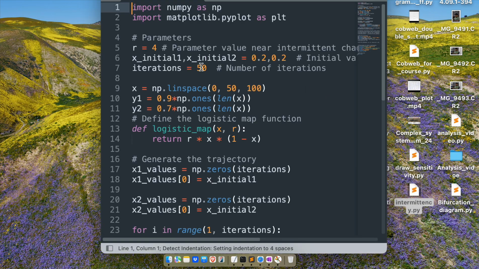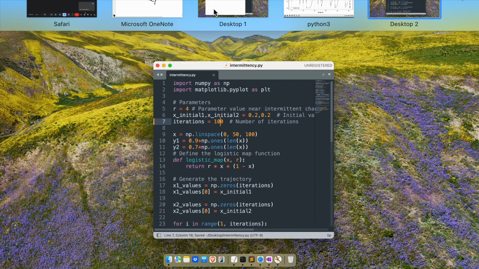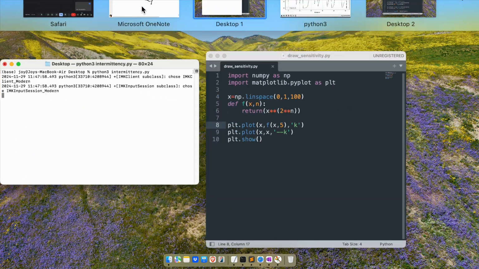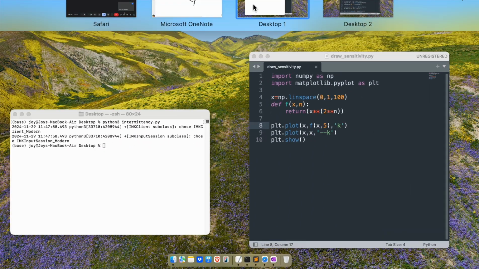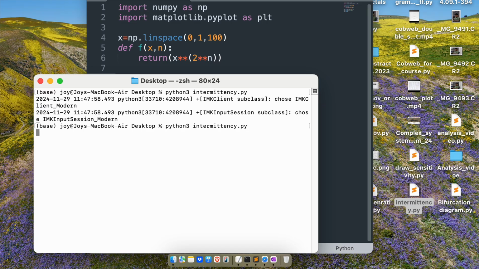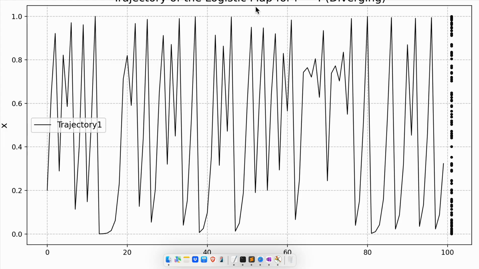Maybe 100, you will see that this axis will become very dense where this graph is. Now see, you see here these points become much more dense.